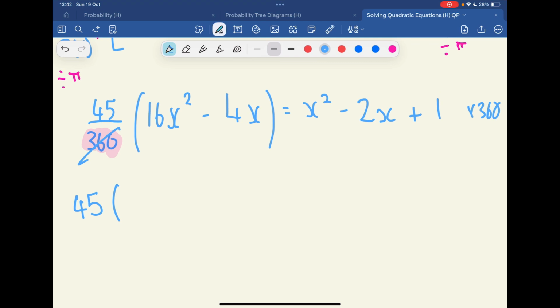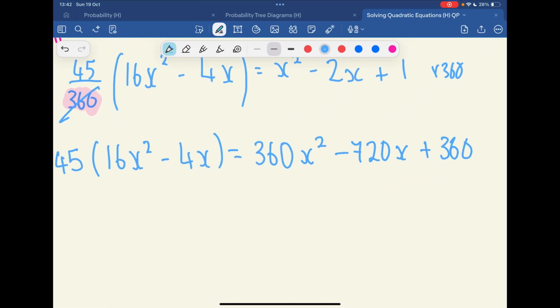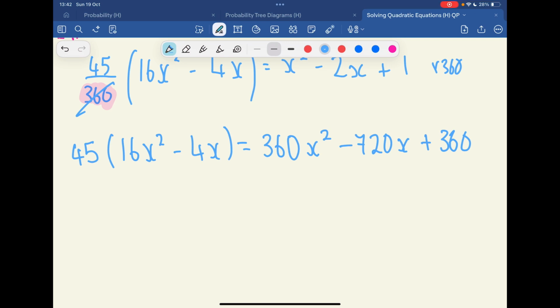So we have 45, 16, x squared minus 4x. And then we're going to have 360 x squared minus 360 times 2, which is 720 x plus 360. So you might think that we've just made this look worse, but we haven't because we don't have a fraction anymore, which is always good.